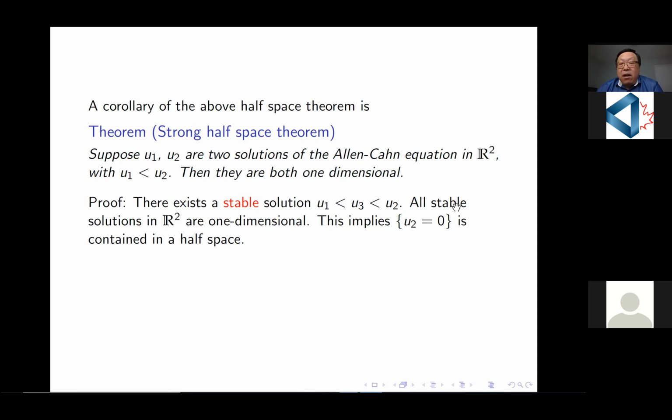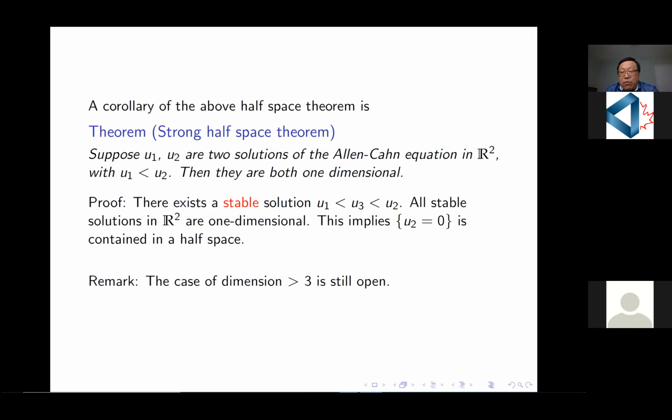And now all stable solutions in R2 are one-dimensional. So as a result, all the half space solutions are one-dimensional. Then the nodal set for u2 is contained in a half space, and so this is the proof. So both must be one dimensional.